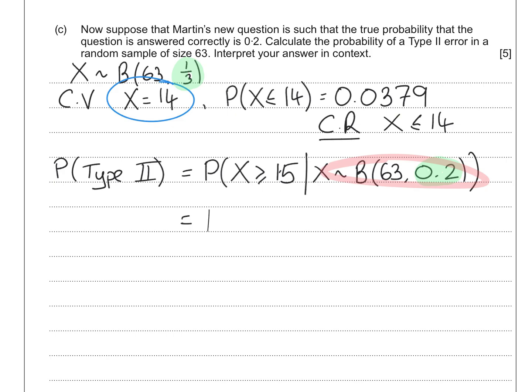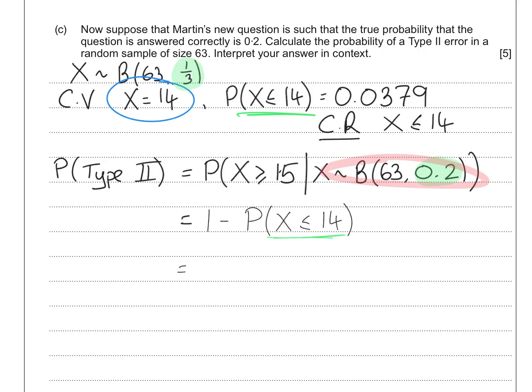So I'm going to have 1 minus the probability of x being less than or equal to 14, okay, under the new distribution. So notice that this bit here and this bit here are the same, but the numbers will come out different because we're using different parameters.